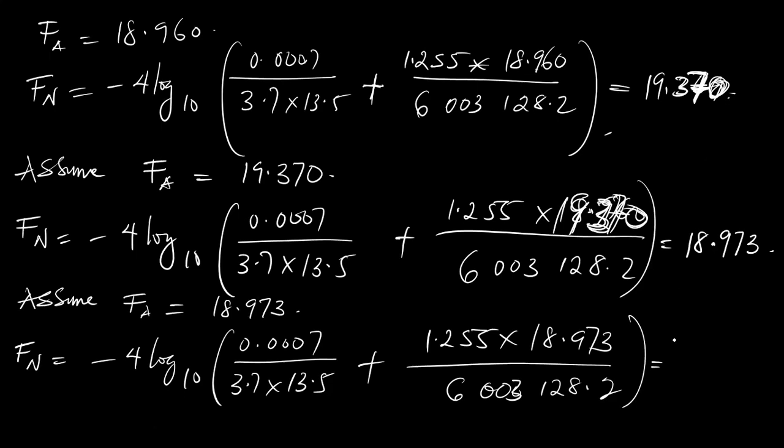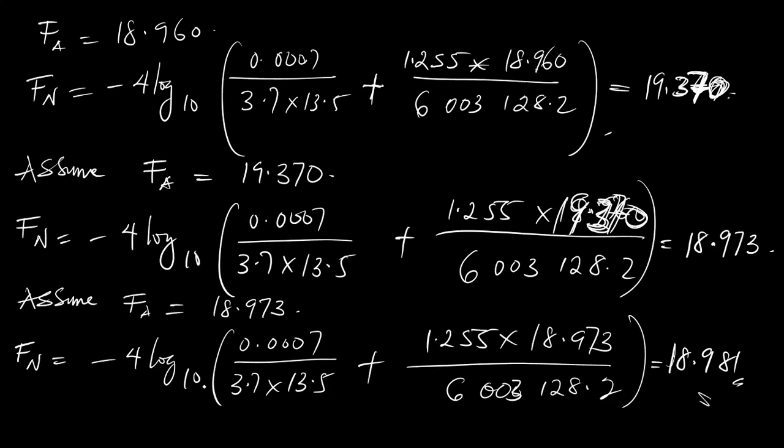So we have here now 18.981. If you look at this 18.981 with the assumed value, there's still some little difference. You can say roughly, I'll stop here because the variations are not much.